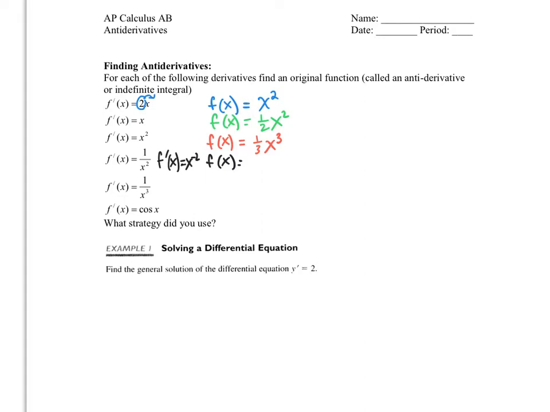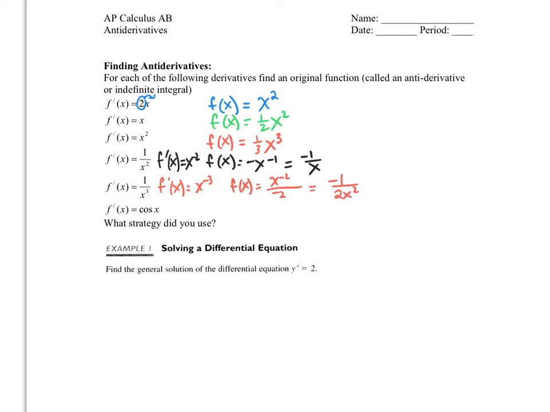That might help, so that you have negative x to the -1 or -1 over x. Again, rewriting the derivative as x to the -3 makes my original graph want to be x to the -2 divided by -2, or -1 over 2x squared.